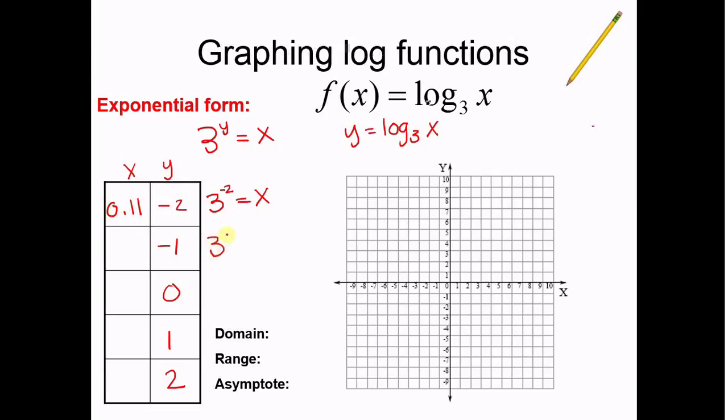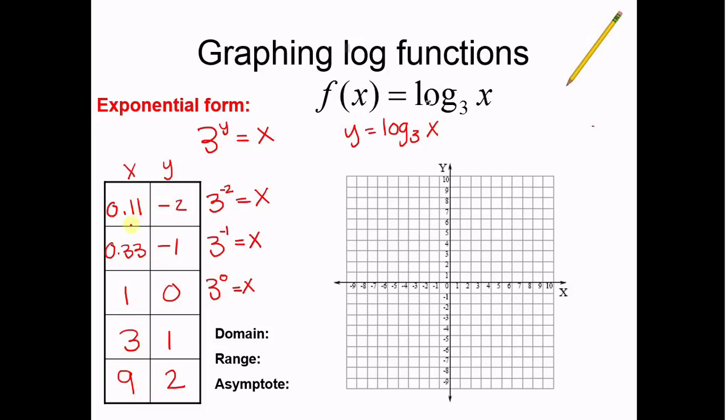Same thing here, 3 to the -1 equals x. 3 to the -1, well, that's just 0.33. 3 to the 0 equals x. Well, 3 to the 0, you shouldn't even need your calculator for that. Anything to the 0 power, that is 1. 3 to the first, that's 3. And 3 to the second, well, that's just 9.